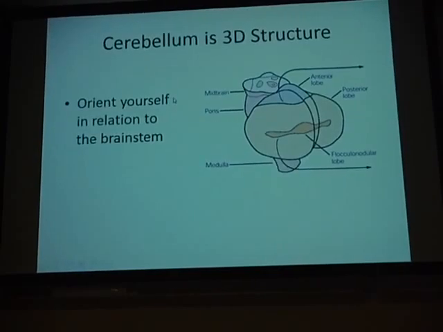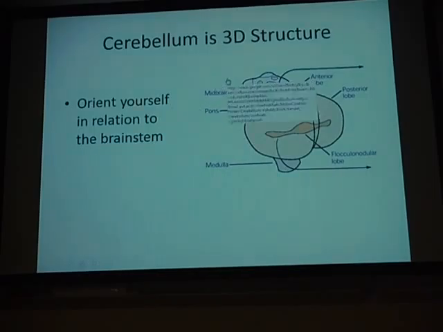Sorry. So it is a 3D structure, and I think the easiest way when you start doing this is to orient yourself in relation to the brain stem. And I think all of our wet cerebellums are attached to the brain stem. When you pull the plastic models off, you have to pull them off kind of all together. And so when you start putting them together, you're like, which way does this go? So that's why I'm talking about orienting yourself.